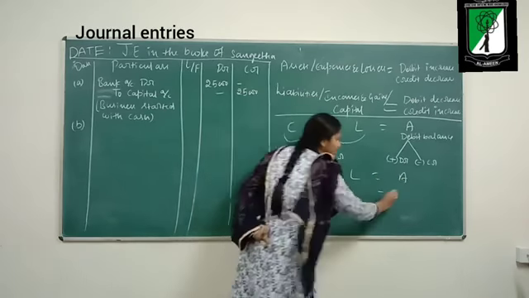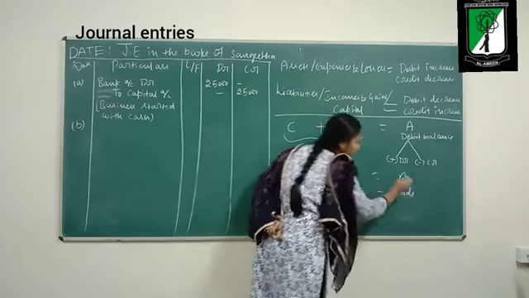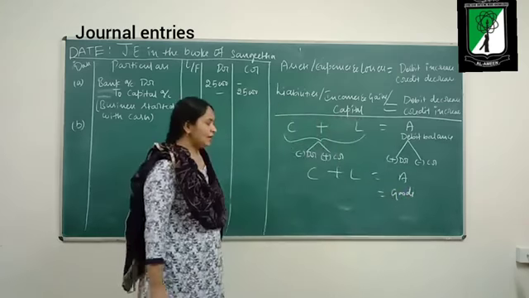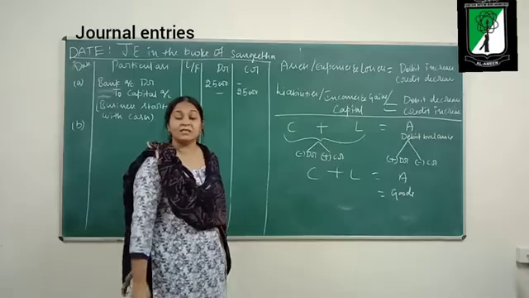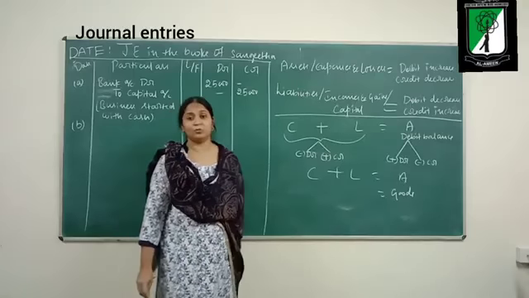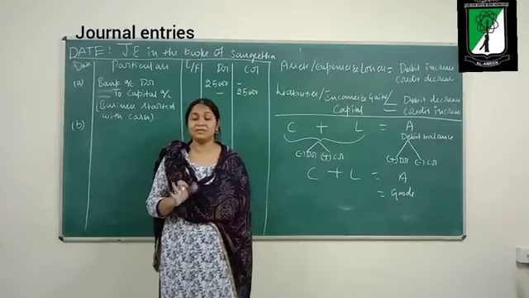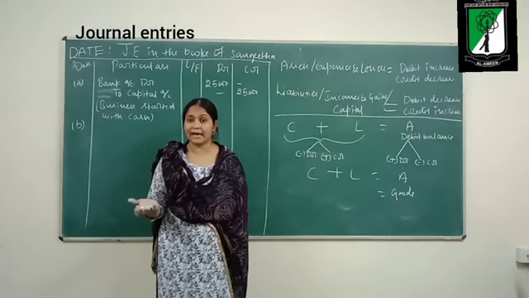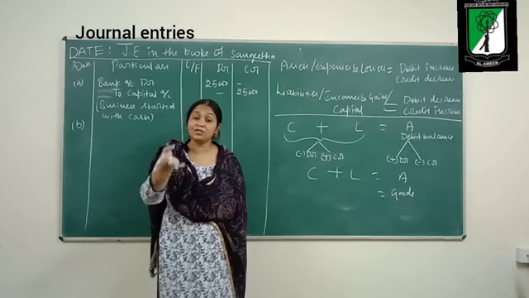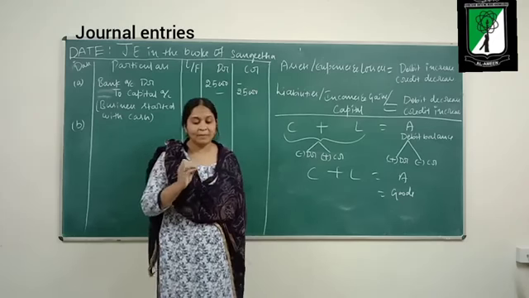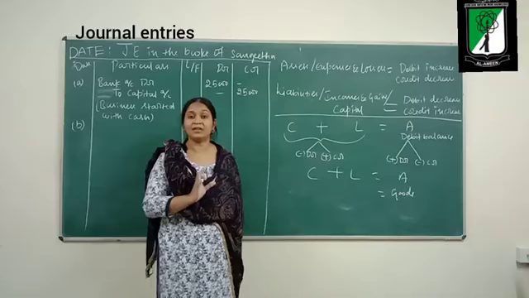I'll write here goods are assets. Next, business is purchasing goods from Neeru. It is not purchasing goods on cash; it is purchasing goods from Neeru.